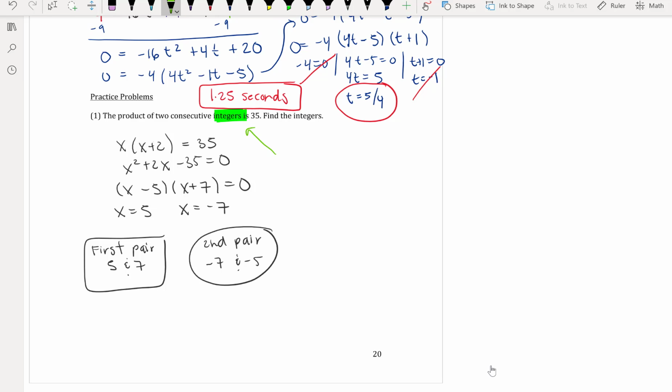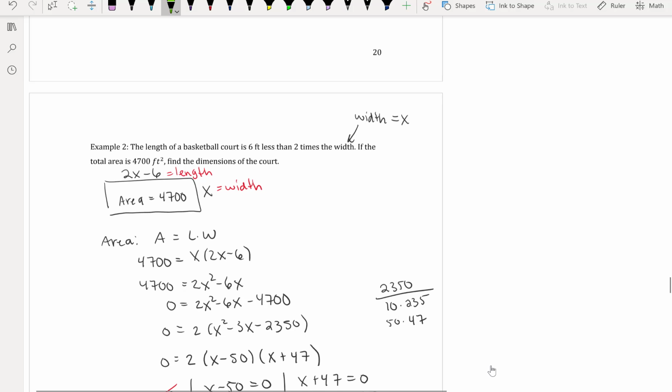So remember, my integers are a set like -3, -2, -1, 0, 1, 2. So it's my positive and negative numbers that are whole numbers. So I got 5 and 7 is the first pair, and -7 and -5 is my second pair.